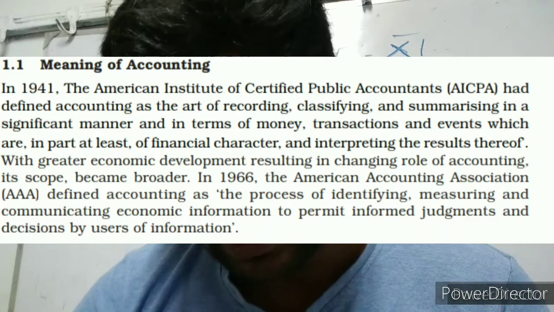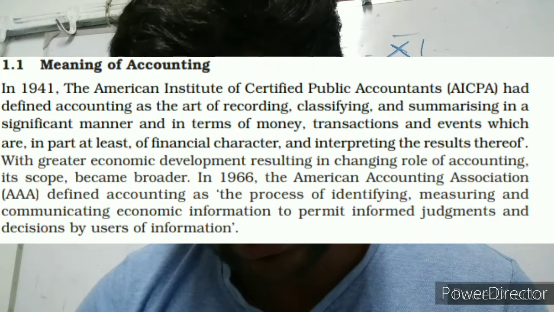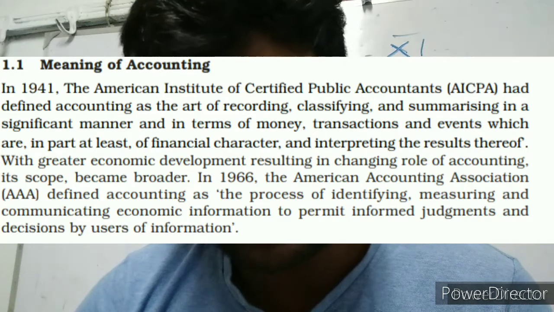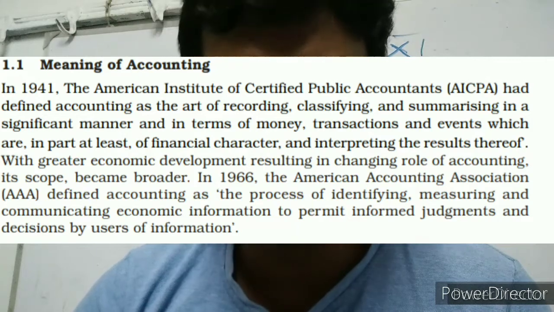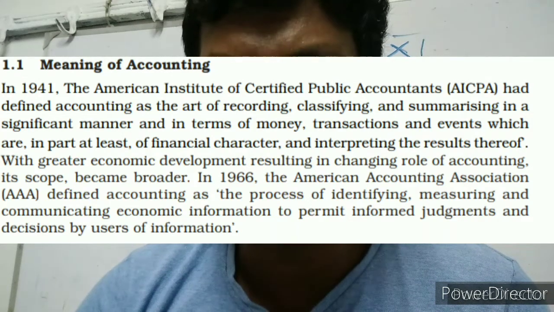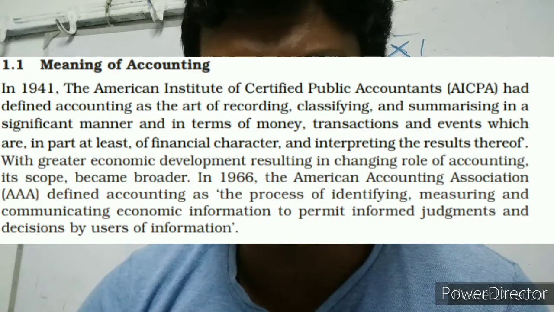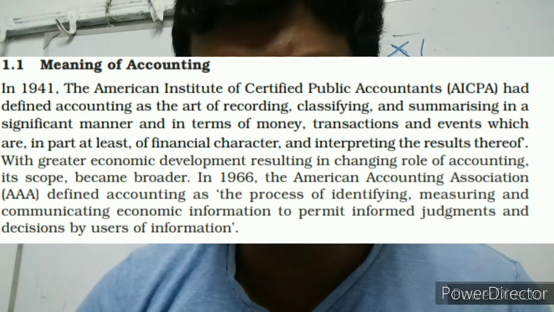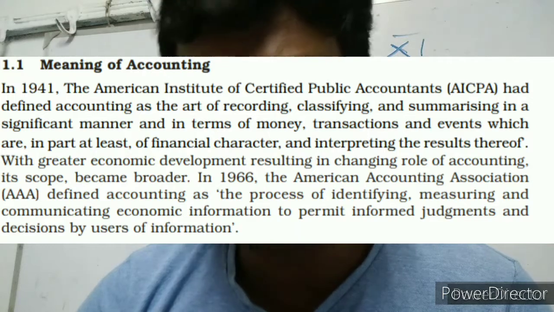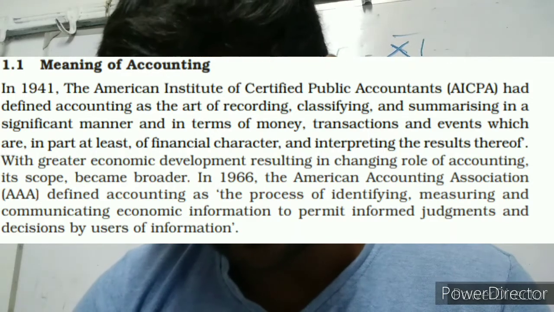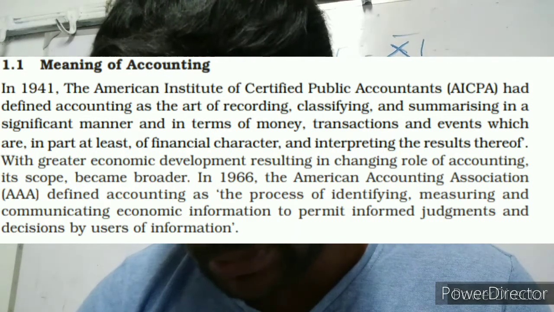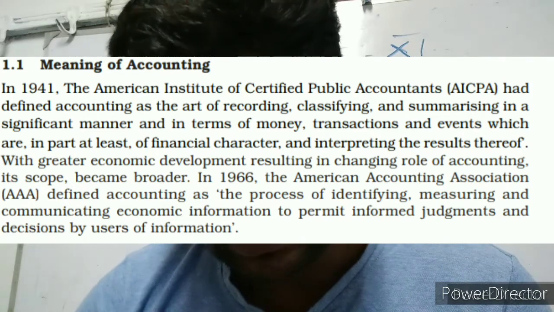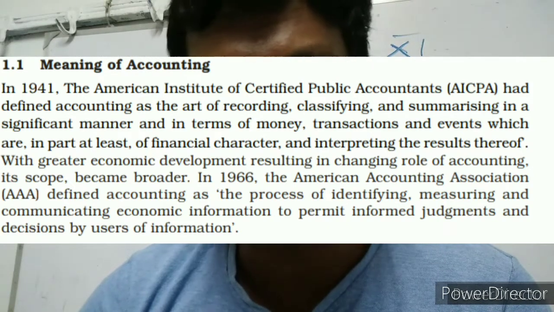And after measuring, communicating whatever the information is, whether the company is in profit range or loss range, all the company's reports, and to plan the budget. Everything that accountants should communicate to its users, isn't it? So economic information to permit informed judgments and decisions by its users.